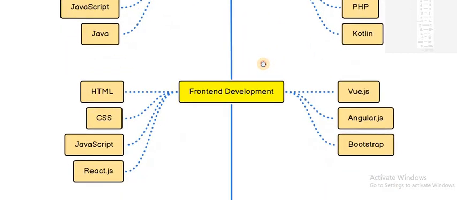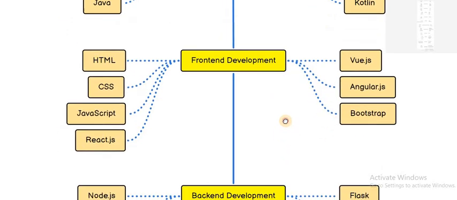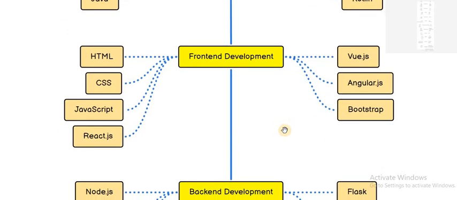Now the next thing is front end development. See, front end development is the art of creating the visual and interactive elements of a web application, where the user can directly interact with the screen.